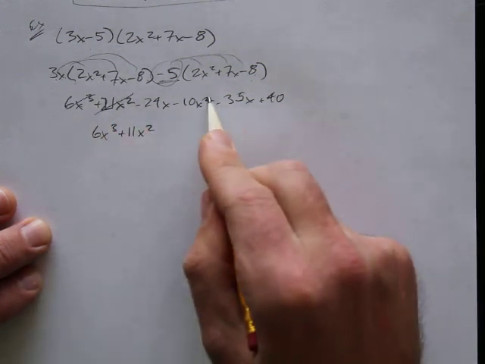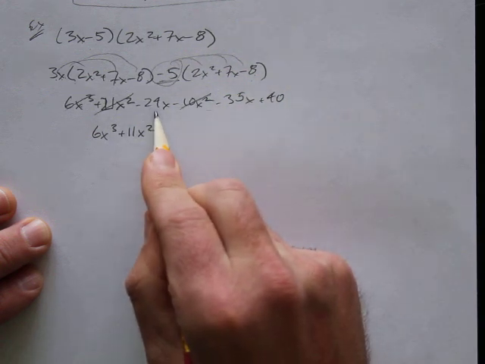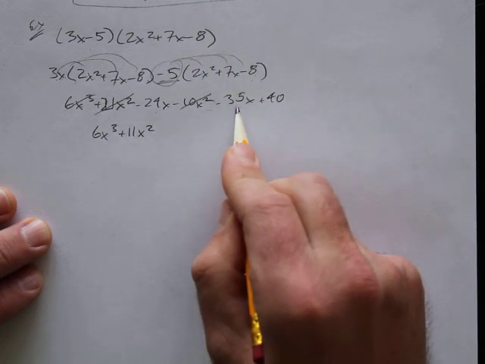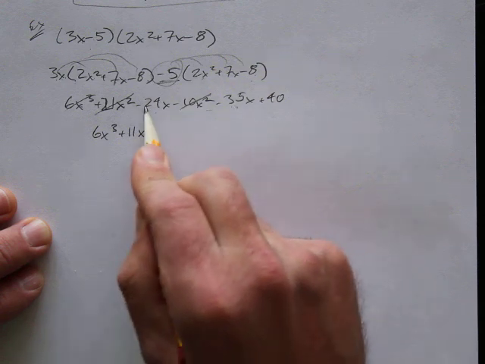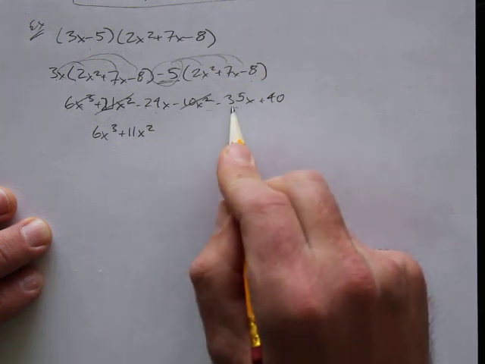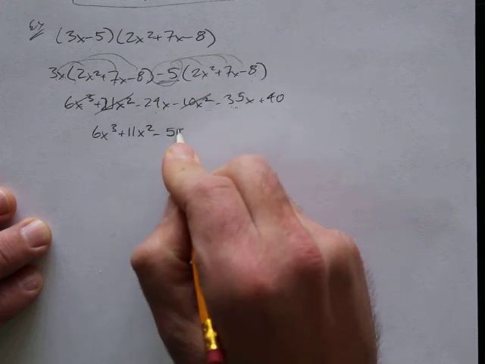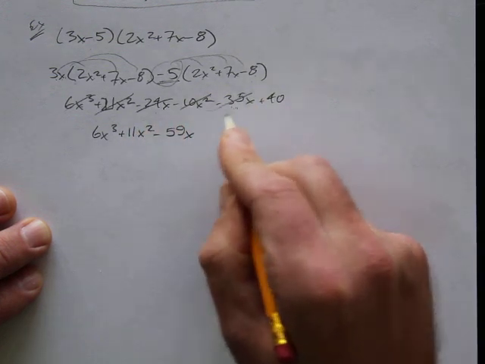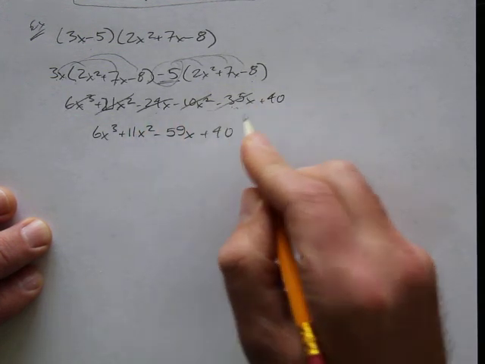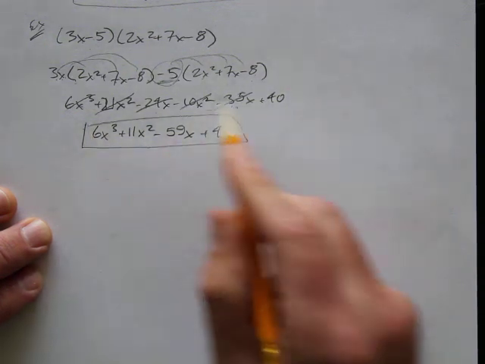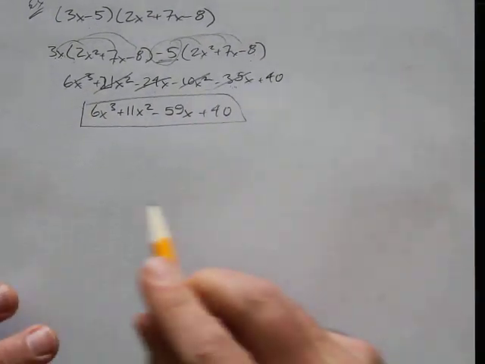Let's cross these off when we're done with them. Negative 24x, negative 35x, negative 59x, and then plus 40. And that's your polynomial.